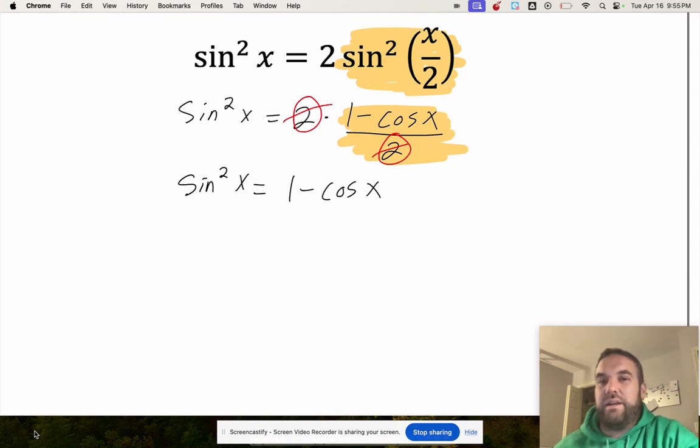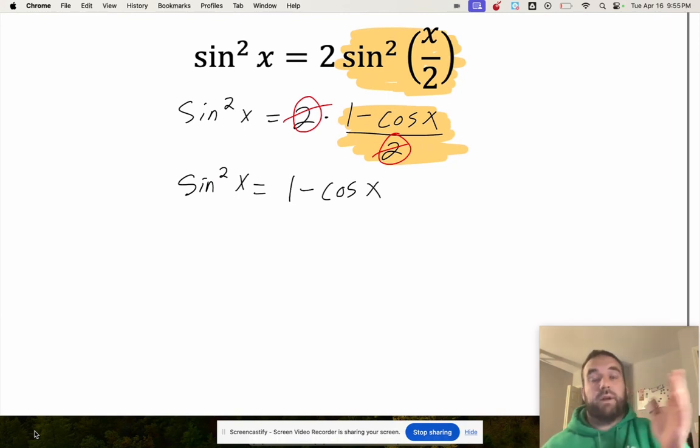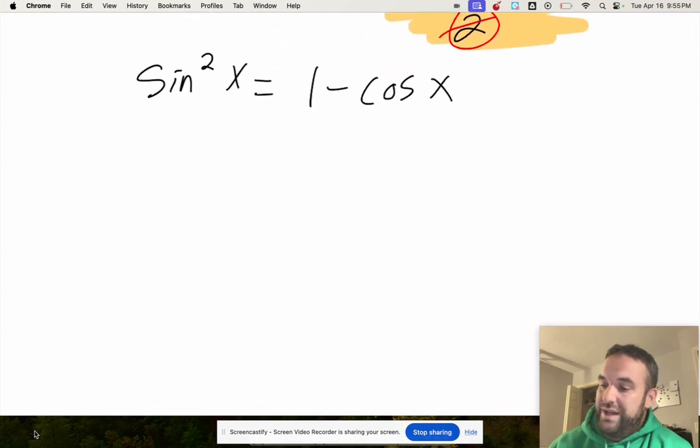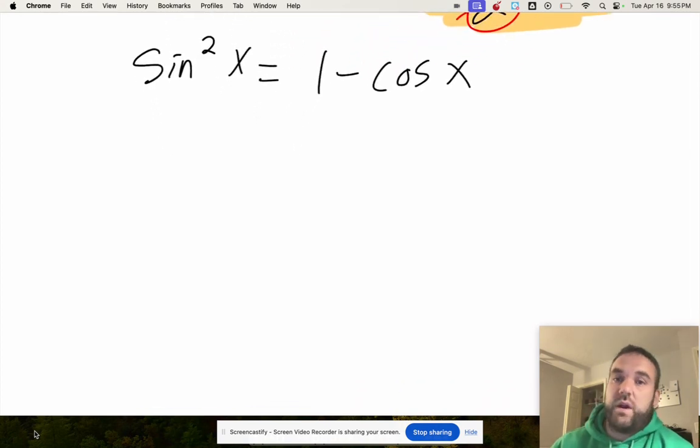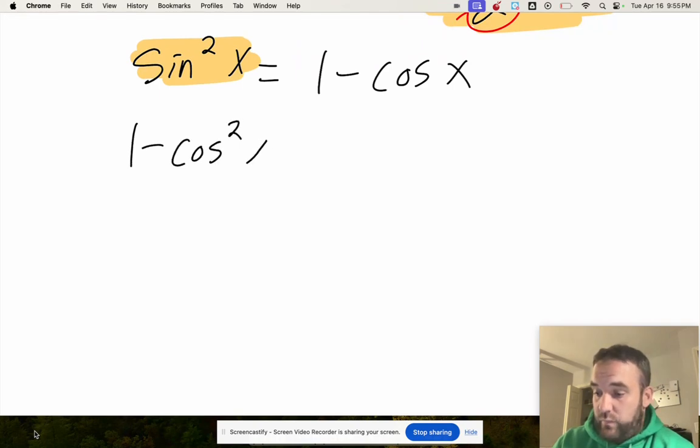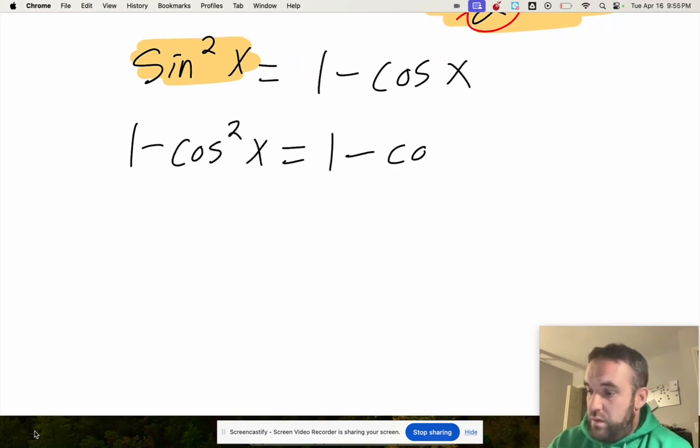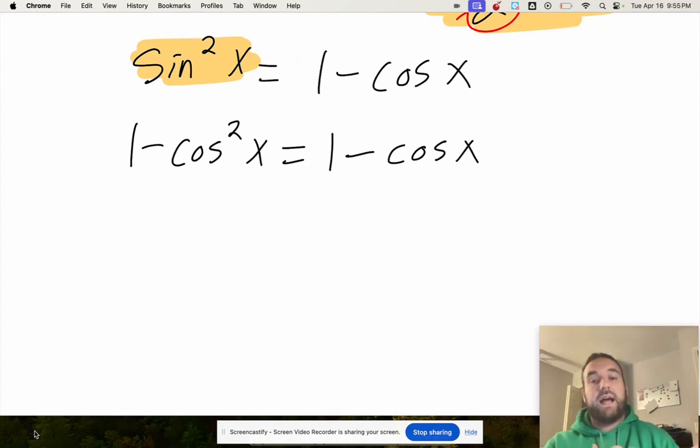That's a problem because I have not only one quantity being squared in sine, but I also have the other trig function, cosine. So in a situation like this where you have sine squared and cosine not squared, I need to go ahead and make the change and rewrite sine squared as 1 minus cosine squared. And the reason I'm going to do that is because now I can gather all the terms on one side and I can go ahead and factor this.